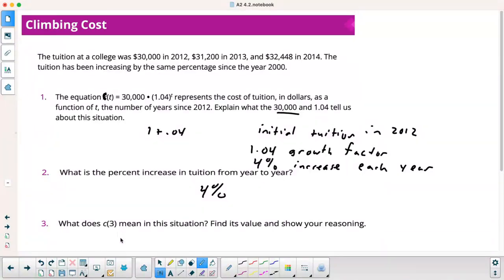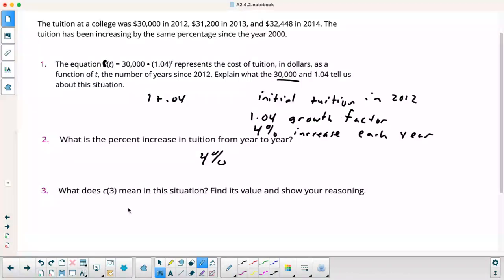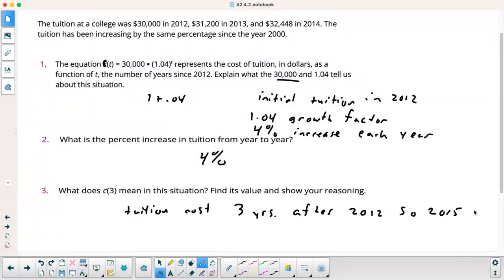What does C of 3 mean? So that's the tuition cost 3 years after 2012. So 2015.